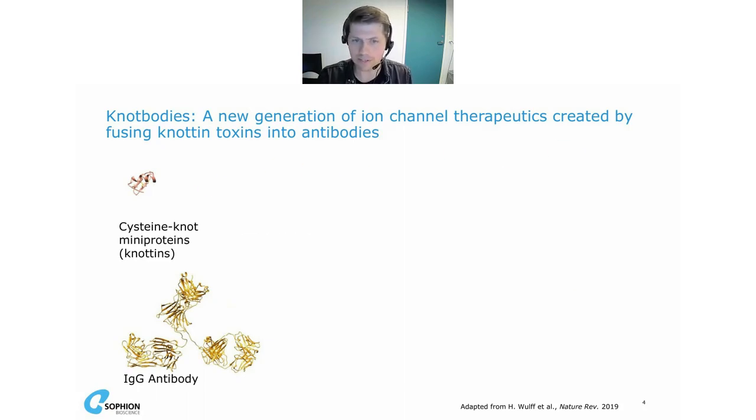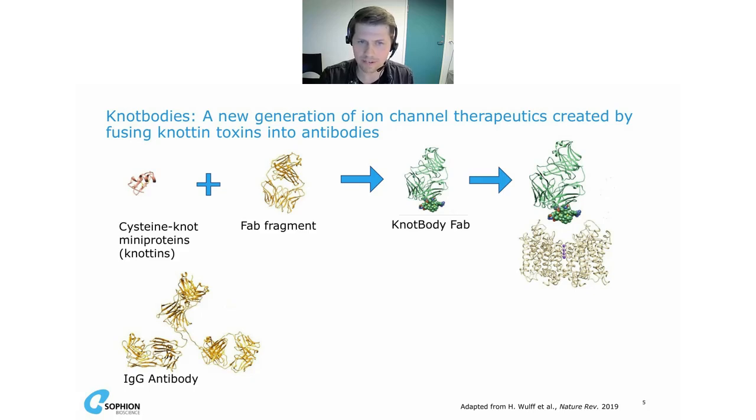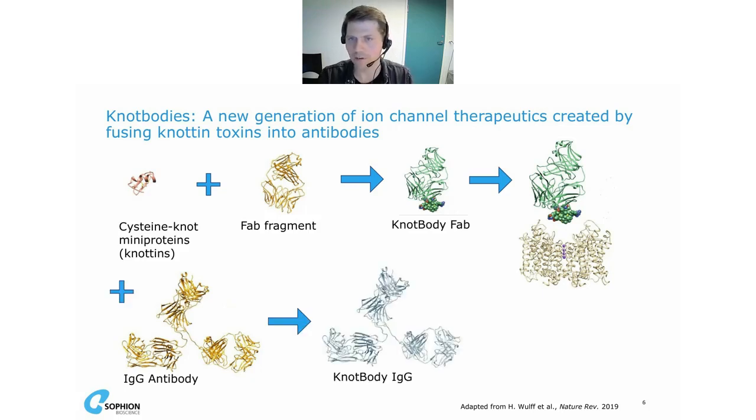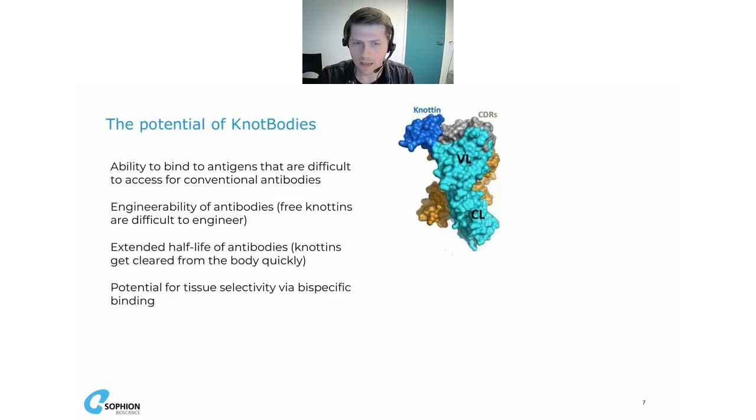So addressing these issues, the scientists at Maxion have invented a new therapeutic class named knottins, notbodies, where they're fusing the knottin toxins with an antibody Fab fragment, creating these notbodies that are then inheriting the blocking ability from the knottin, but gaining multiple benefits from the antibody. And you see in the bottom that they have also fused full-length antibodies with the knottin, creating notbody IgGs.